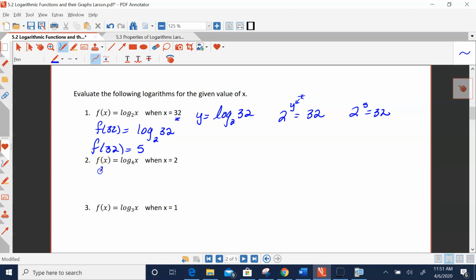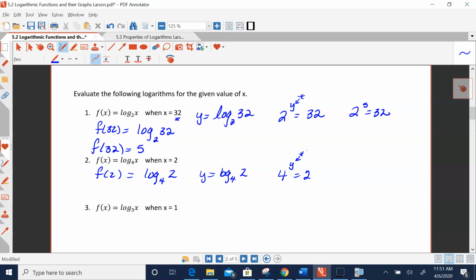Let's try this one. Let's try f of 2 for log base 4 of 2. So that's y equal log base 4 of 2. Let's convert it. 4 to the y equal to 2. And again, I'm trying to find out what is that exponent on y so that when I apply it, I get the value of 2.